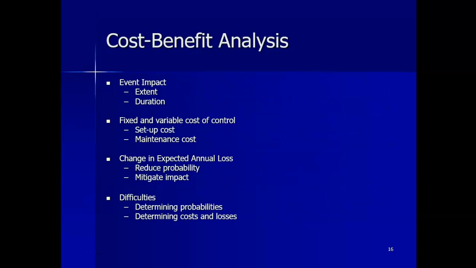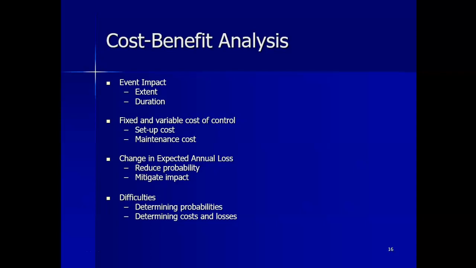And alternatives with positive net benefit are considered for selection as part of the overall strategy, while a structured and quantitative approach to selecting strategies is beneficial. There are difficulties in estimating probabilities and in determining costs and losses.